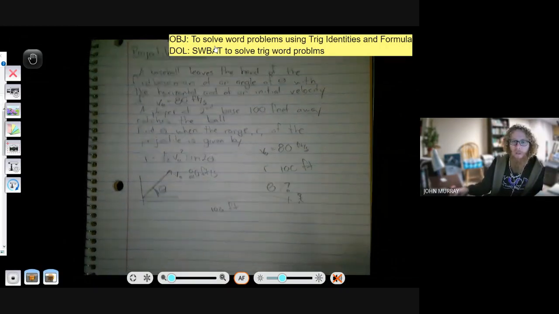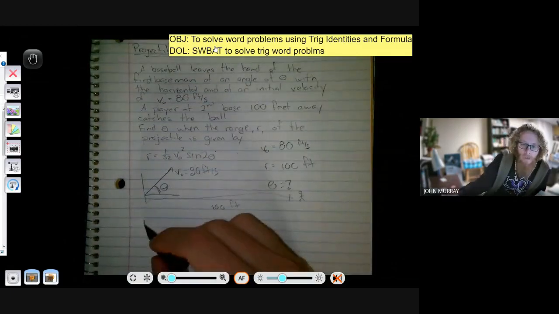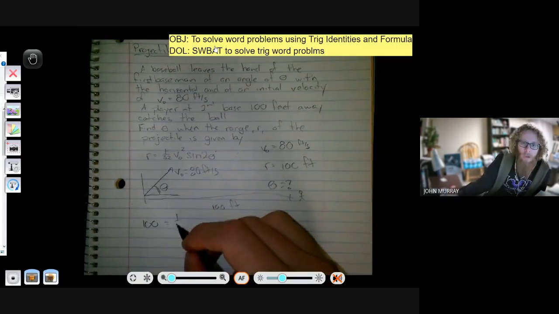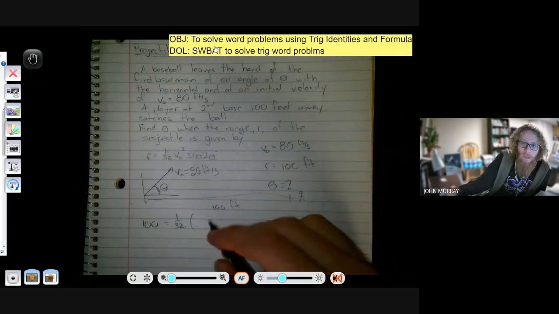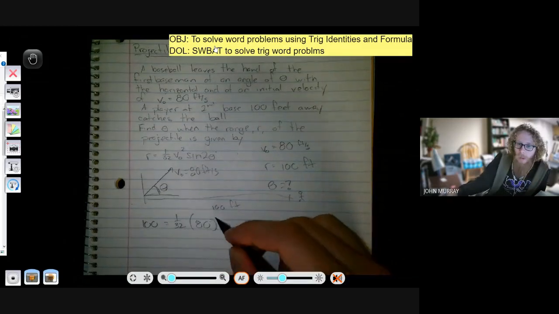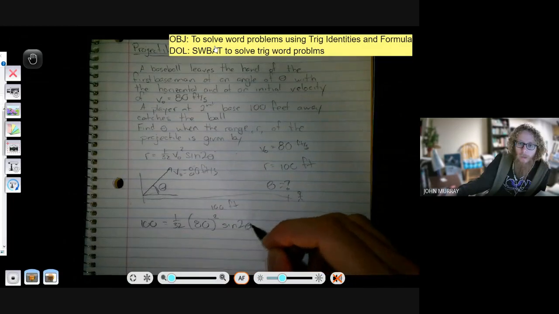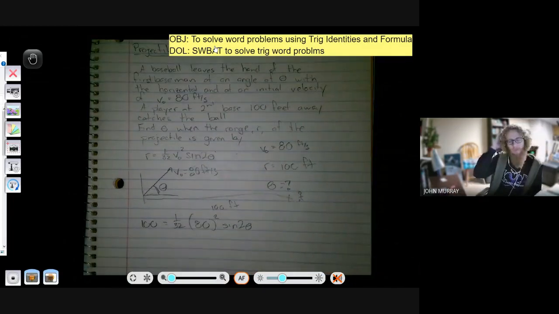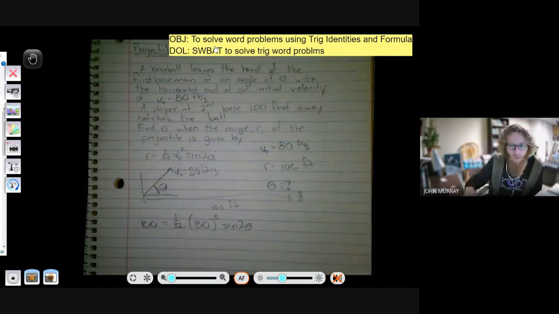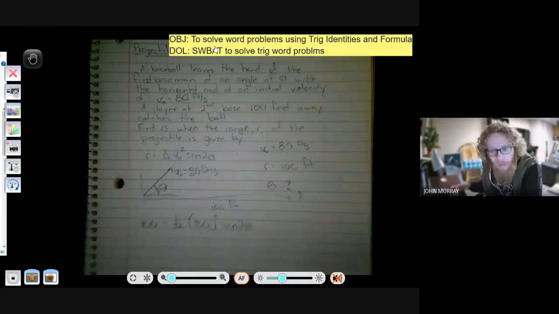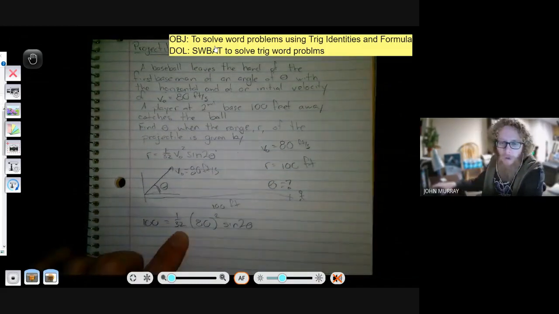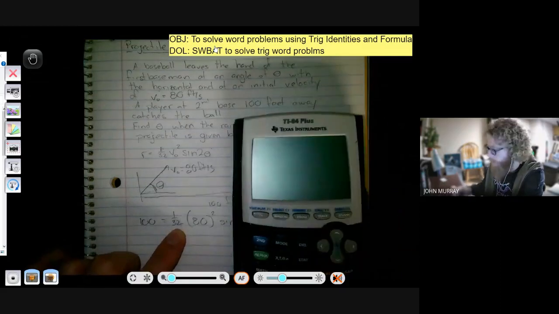And so we're just going to plug everything in. So I have 100 equals 1/32 times 80 squared times the sine of 2 theta. So first thing we want to do is simplify. All right, so I'm going to do 80 squared divided by 32.